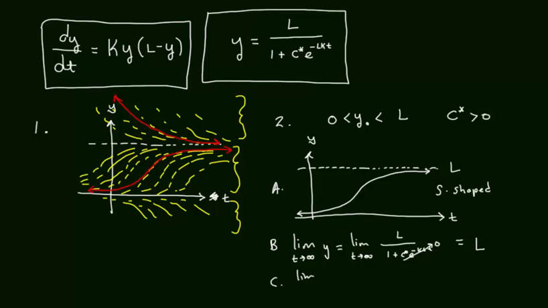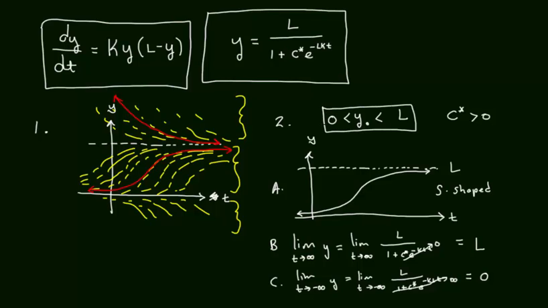Now in part C, the limit as t goes to negative infinity of y would have the denominator getting large without bound, so the denominator would go to infinity, leading to a limit of 0. So both of those are consistent with the graph above. And again, that comes with the condition that y0 is between 0 and L.